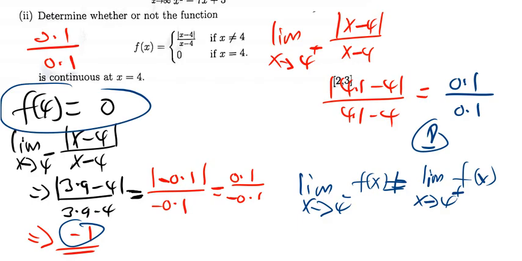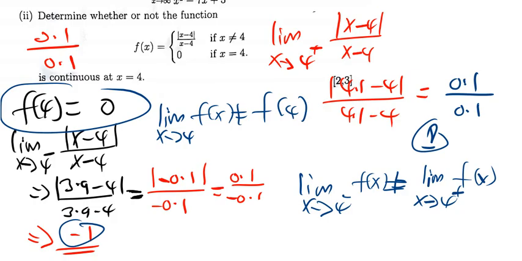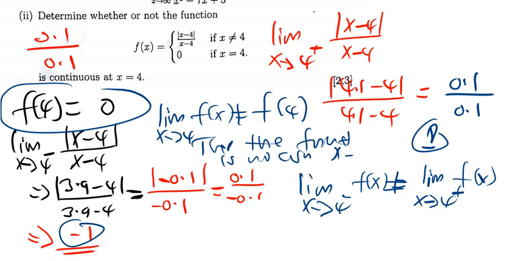Therefore, the limit as x is approaching 4 of f of x is not equal to f of 4. You get my point, right? Therefore, the function is not continuous at x equal to 4.